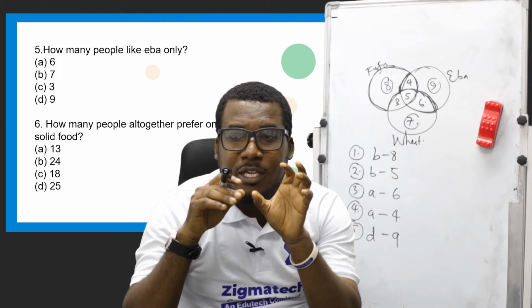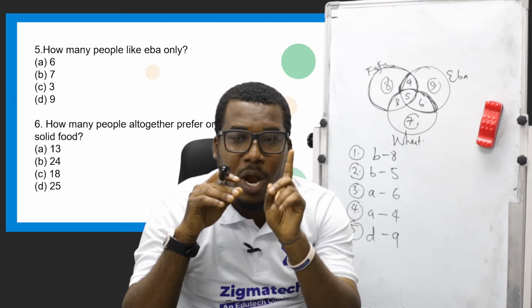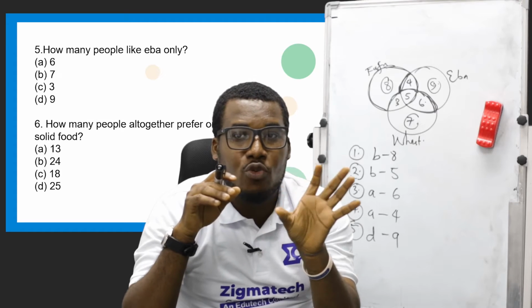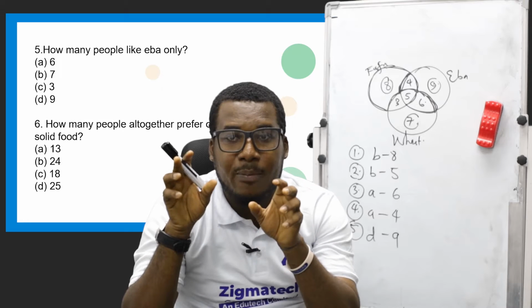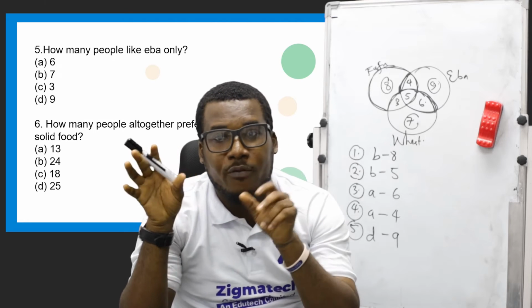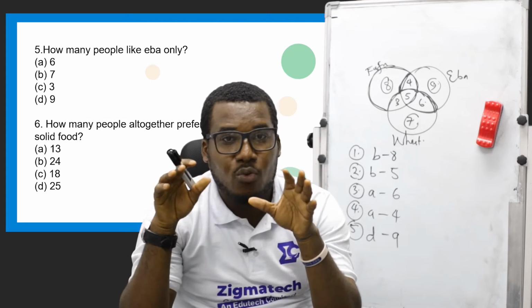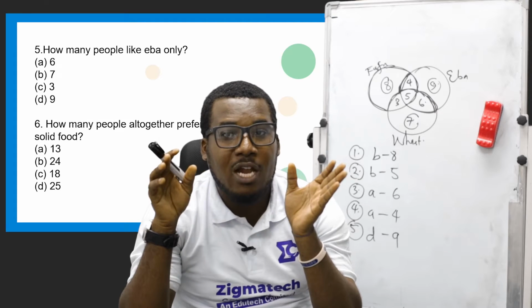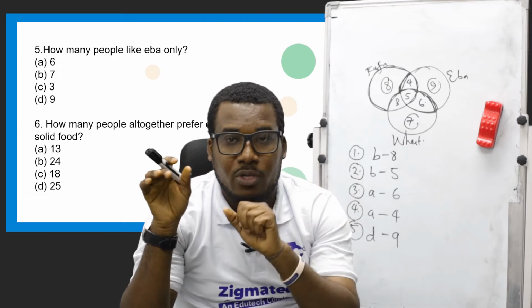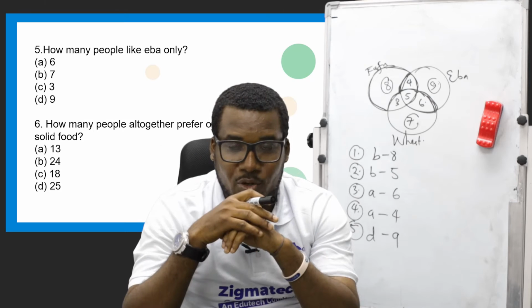Means the keyword there is prefer one. They are only choosing one of these 3 items. How many people chose one of these 3 items only, without the need for the other ones? That means we are adding all the onlys together to get the answer.